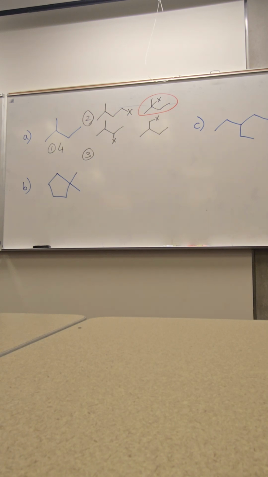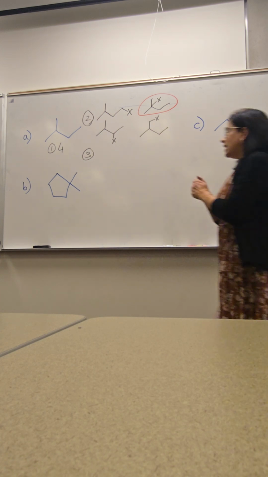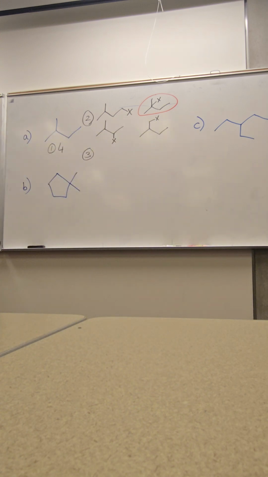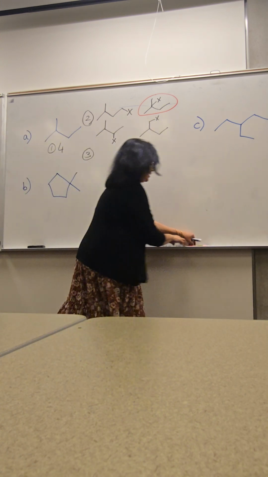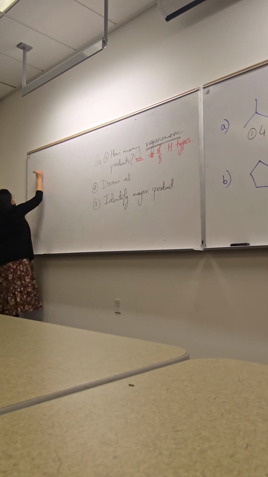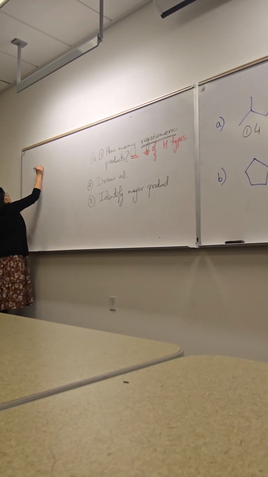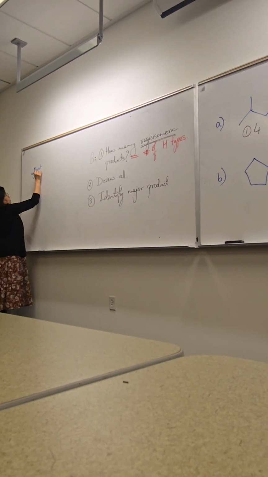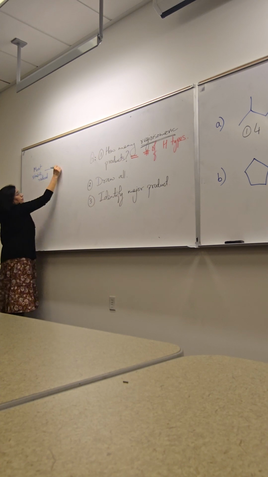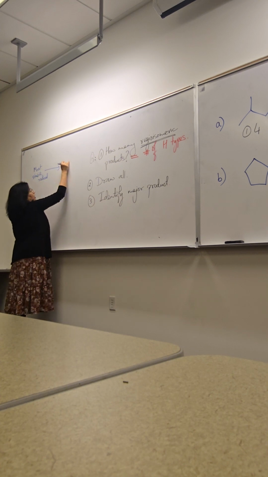Would you be able to go over how to find the major product? The most stable radical creates the major product. You remember that from Monday? So the most stable radical, and we wrote the order of stability for radicals, gives the major product.